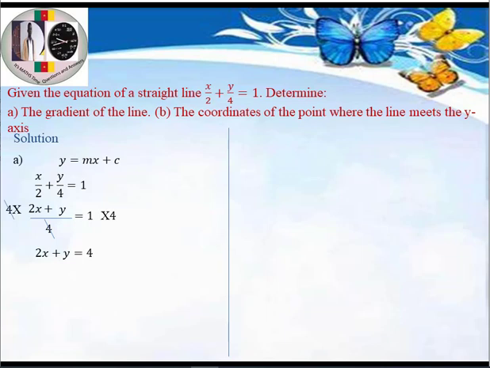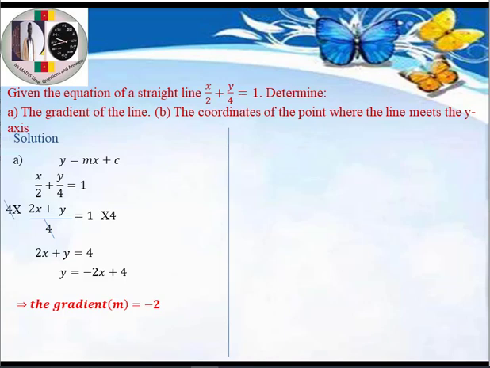So we are going to have y = -2x + 4. And from there, the equation of the line becomes y = mx + c. So the coefficient of x is our m, and m, we said, is the gradient. So question A, the gradient of the line is simply -2. So we say that line has a negative slope.